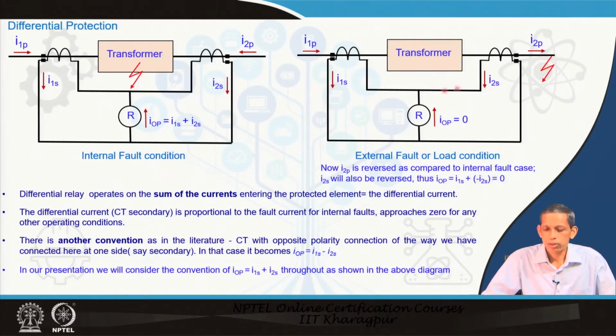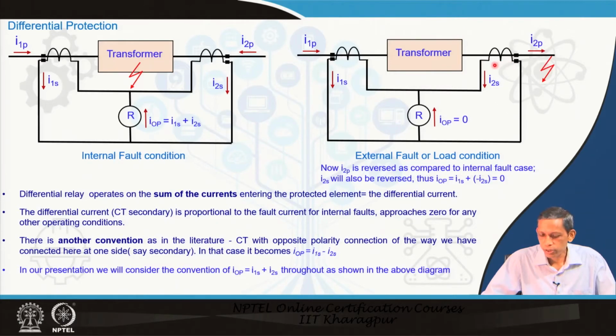Now, come to a situation with an external fault or loading condition. What happens here is that the current flows away from the transformer on the secondary side. So, with the same polarity of connection that we saw in the earlier case, the current is reversed as compared to that, and the corresponding current in the CT is also reversed.